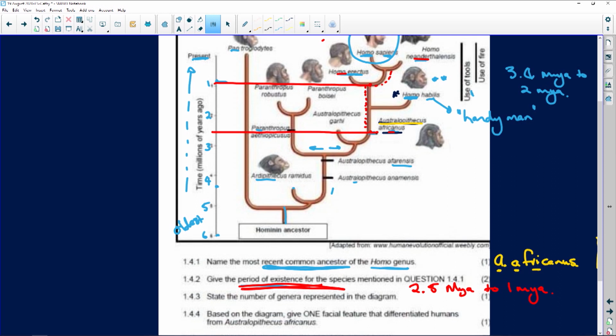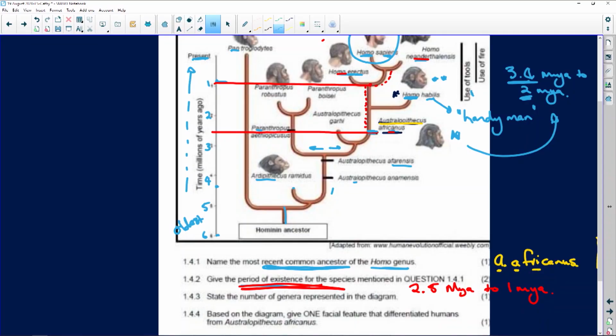As I said, Australopithecus africanus, let's just get the blue here, actually lived between 3.4 Mya and 2 Mya. If you go and check Google, you can check wherever you like. They're going to tell you that Australopithecus africanus, some will tell you 3.6.